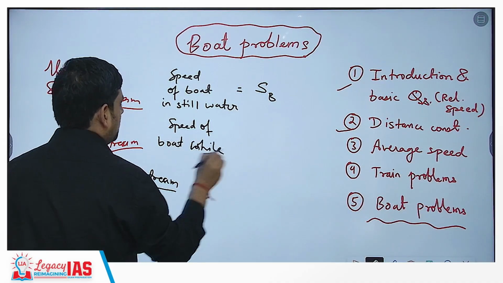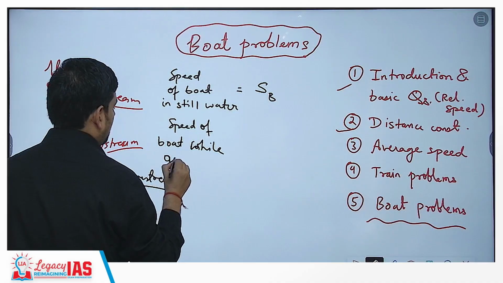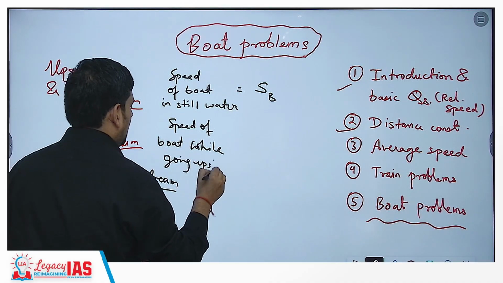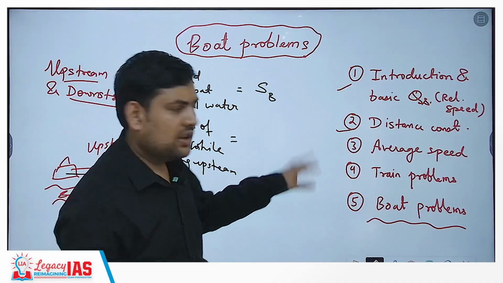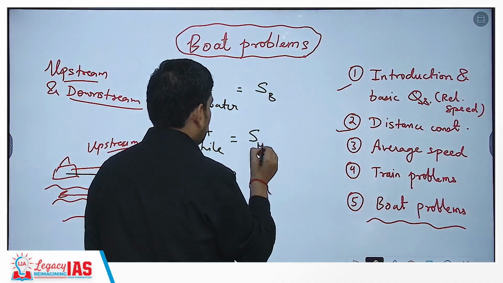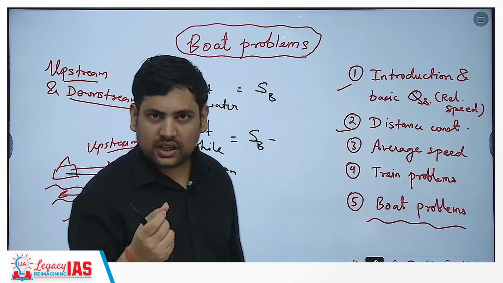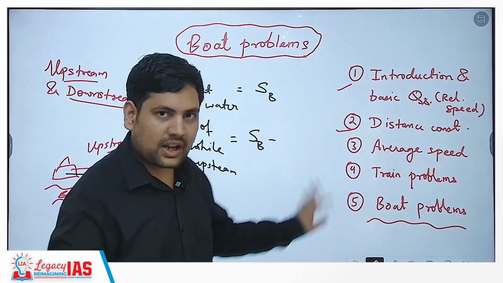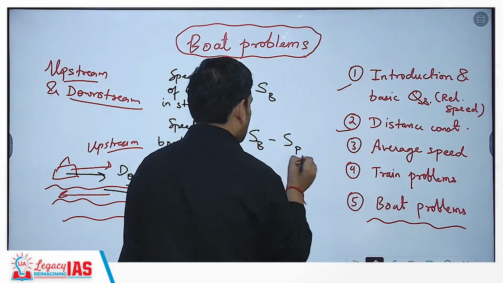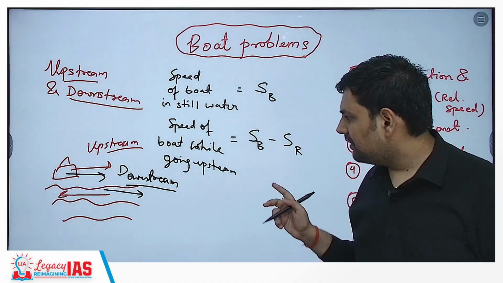Now, speed of boat while going upstream. If the boat is going upstream, whatever the speed of the boat, upstream means the river is opposing the motion. So you will have to subtract the speed of river from it, as we did in relative speeds.